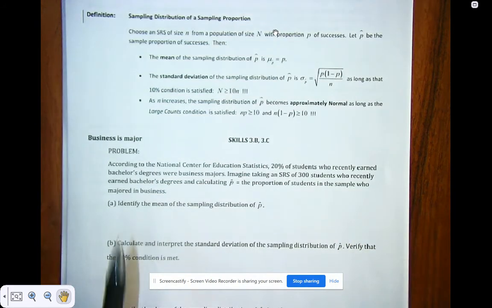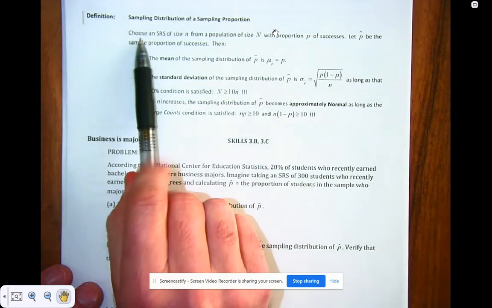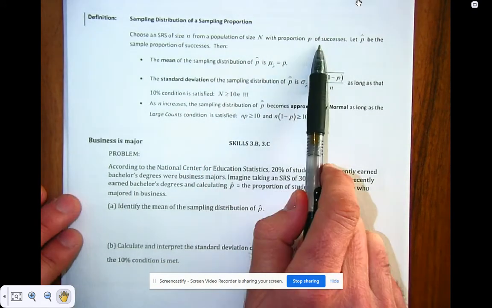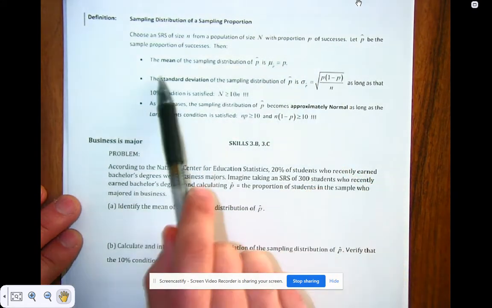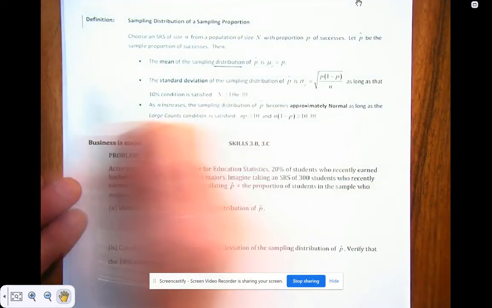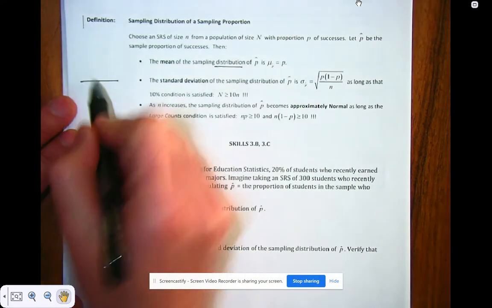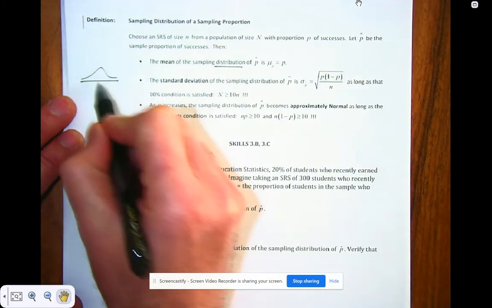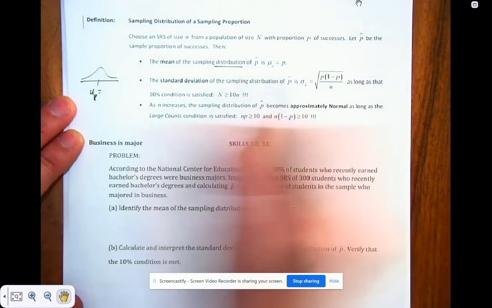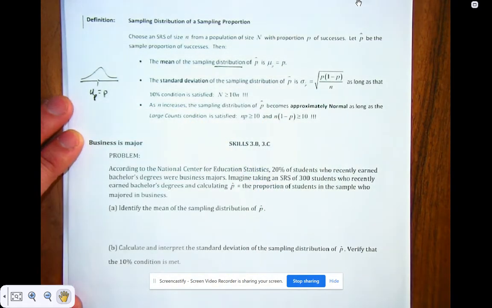Okay, so we're just going to get into some basics here. This is actually a really quick lesson. You're going to choose an SRS, take a bunch of different proportions, and graph them all. The mean of that distribution is going to be just equal to p.